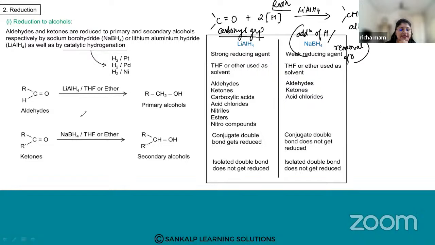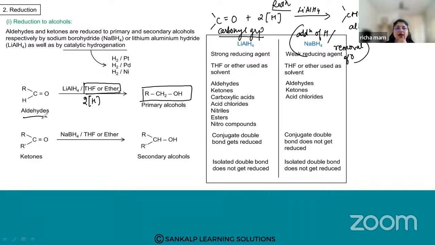Now we will see separately. If we have aldehydes and we are doing reduction, which means addition of hydrogen or removal of oxygen, we take solvents such as tetrahydrofuran or ether. We get a primary alcohol.